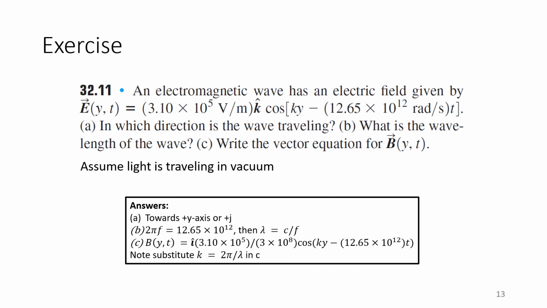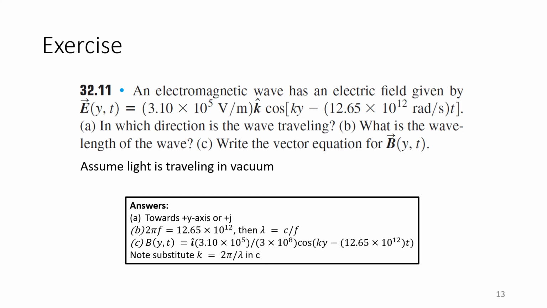Finally, from the given, E is oriented in the positive z direction. And from A, we know that the wave is propagating in the positive y direction. This means that positive k hat cross something is equal to positive j hat. That's from E cross B being parallel to propagation.